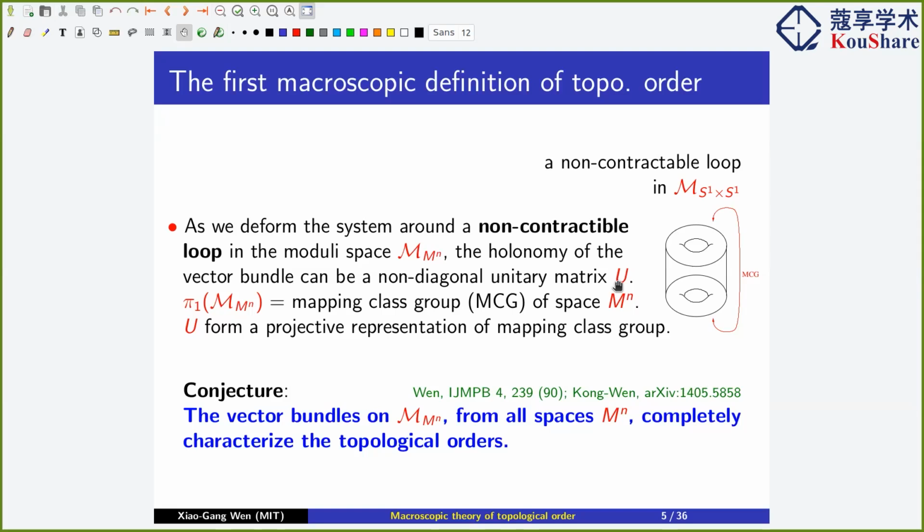For every non-contractile loop, you have a particular unitary matrix. The combination of them gives you a dense set across any unitary matrix, so that becomes universal computation. So this large loop may correspond to a large perturbation, not a small perturbation. So then you do split them.